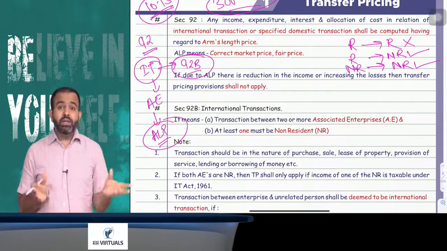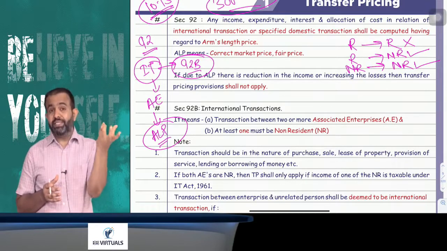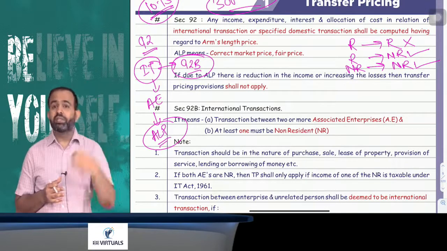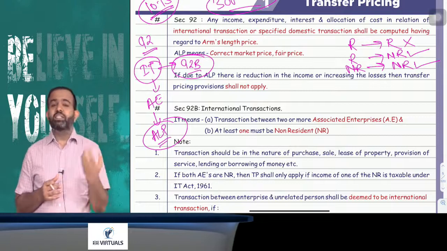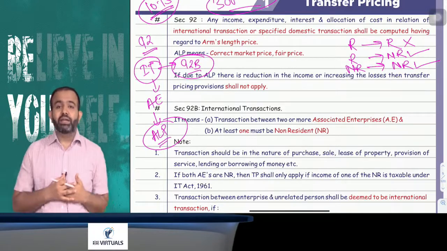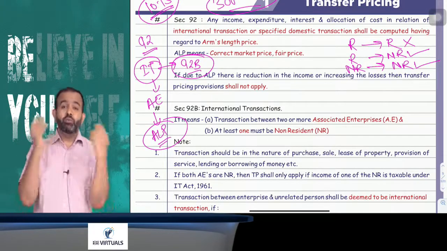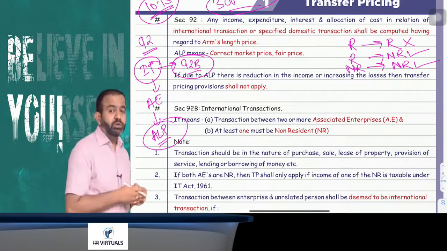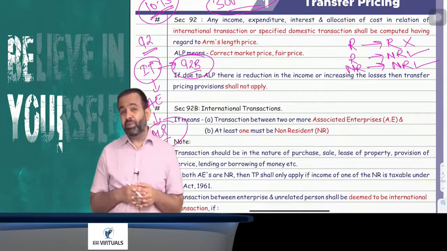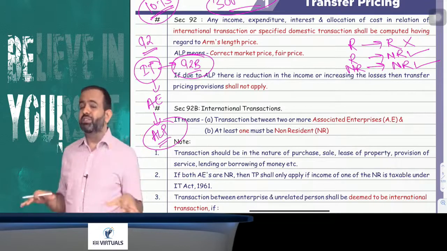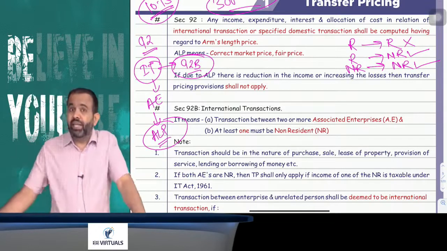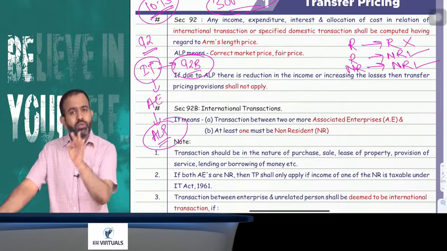Suppose UK Unilever Limited develops some product and spends on the development of the product. Obviously they will charge some cost from every group company, like all the subsidiary companies, who will pay the development cost. So this allocation of cost should also be at arm's length price.